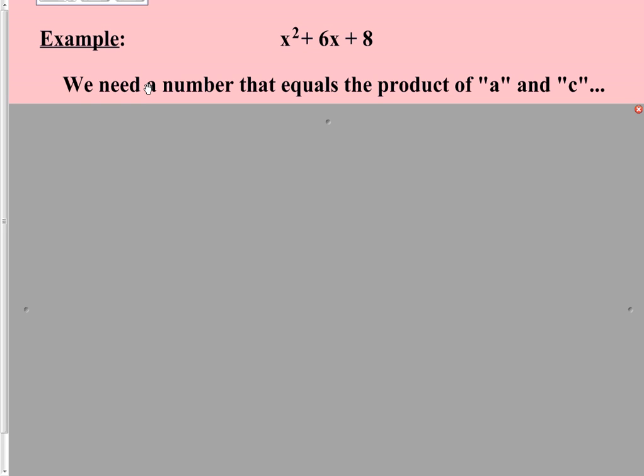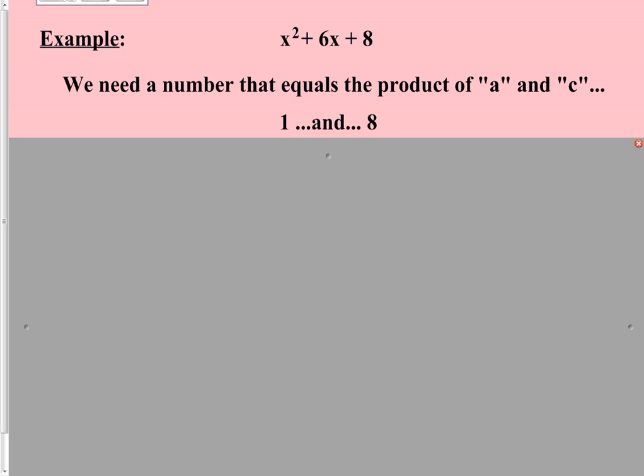Now one of our two conditions was that we are going to need two factors that will multiply together to equal the product of the A and C terms. So we better look and see what the A and C terms are. Well, of course, A is the coefficient in front of x squared, and C is the x to the 0 term, our constant. So our values in this case are 1 and 8.